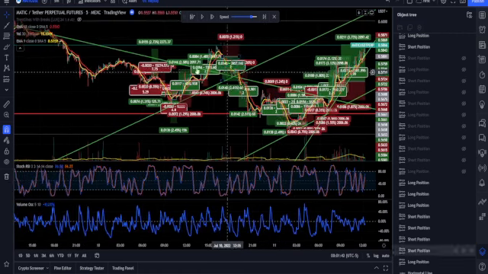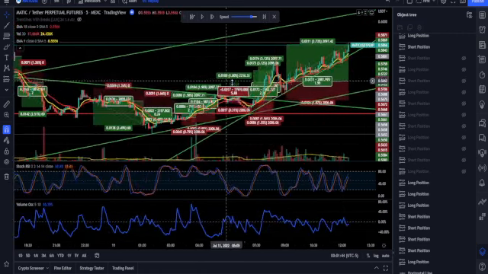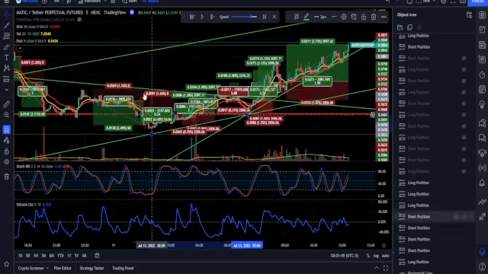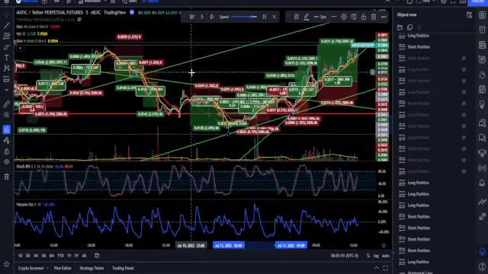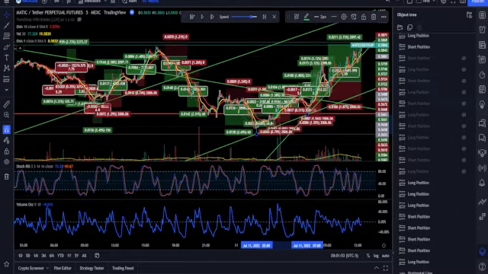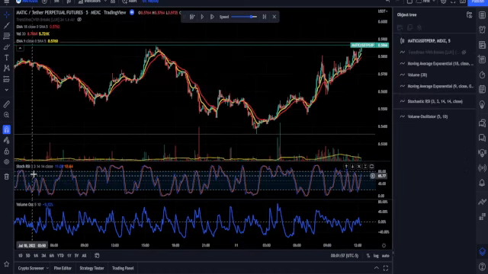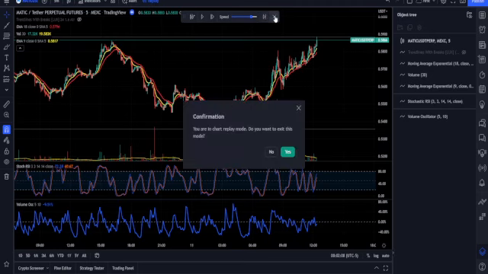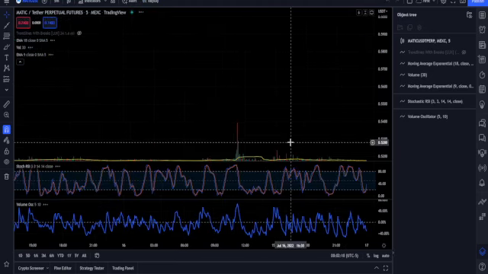Honestly, every trend line that I've drawn here, I'm going to remove all the drawings here, and let's see here. I'm going to just go ahead and move this back to current.